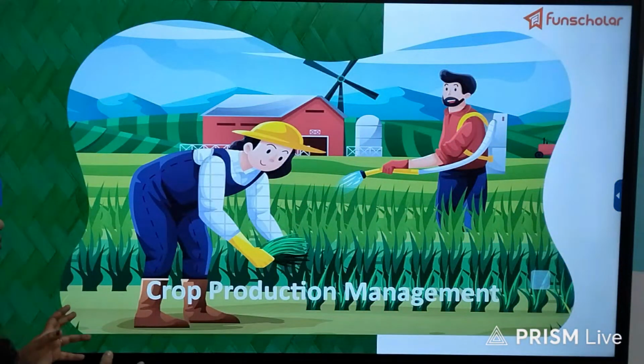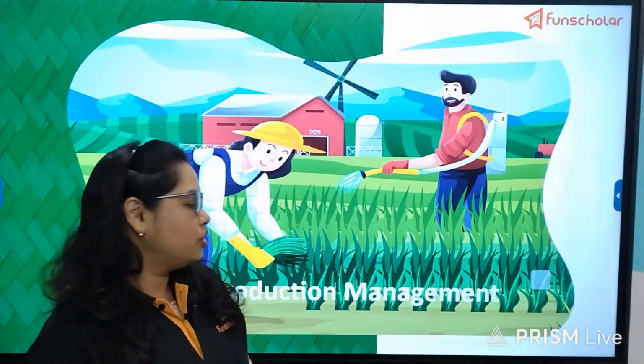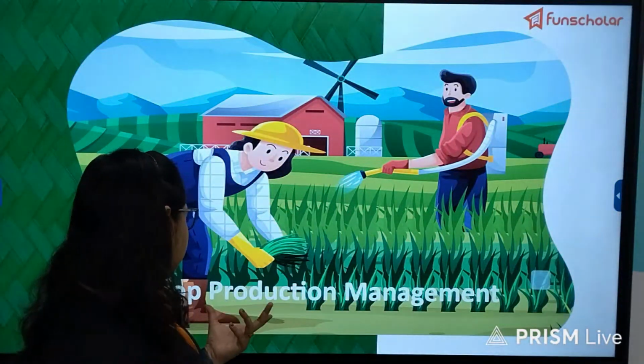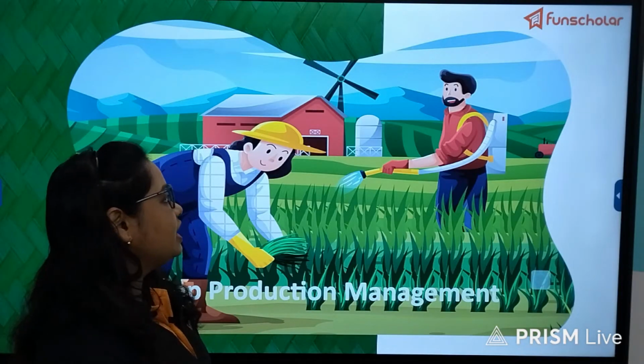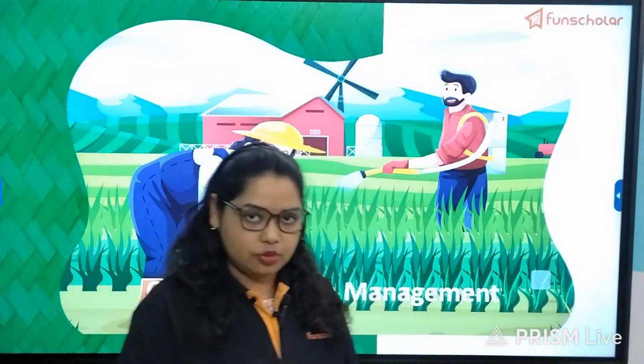So, production management. In the previous class we have already seen that food resource management is divided into three steps. One is crop production management, how we can increase the variety, how we can manage the nutrients, and how we can protect the crops.